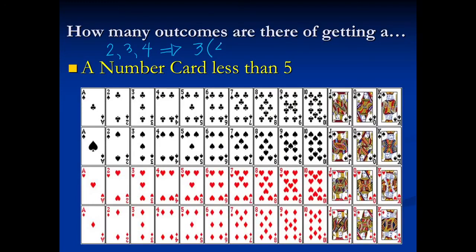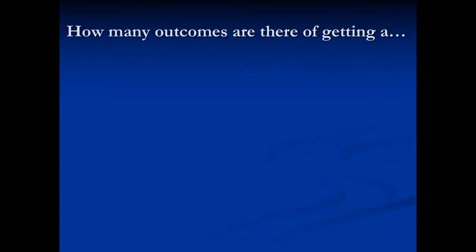Okay, we multiply by 4, because there are four cards of 2, four cards of 3, and four cards of 4. That's why it is 3 times 4. And that will give you how many? There are 12, correct.